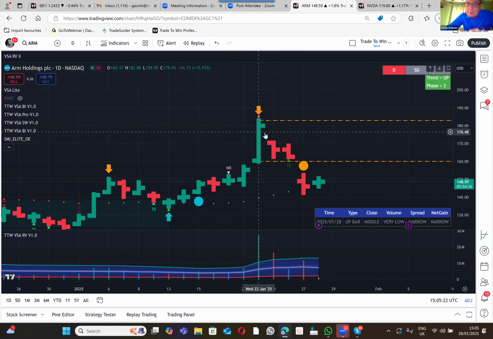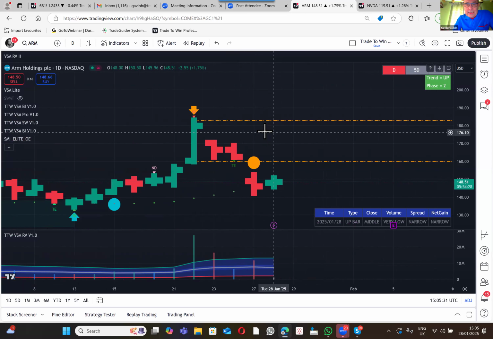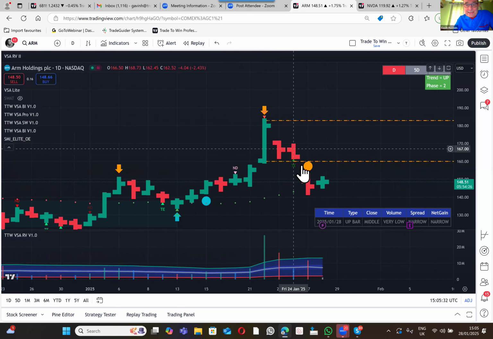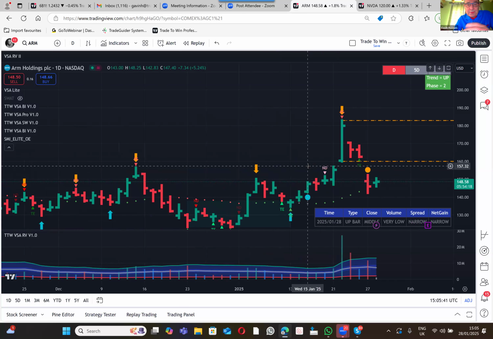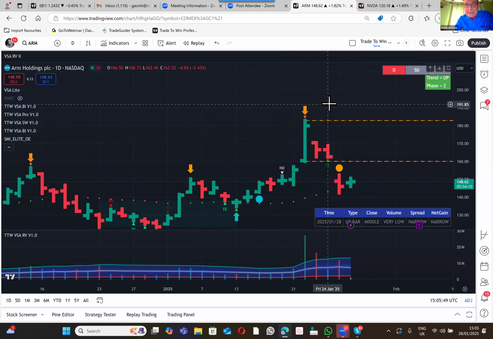I'm going to go back to Tiro on this because I think it's very important. So we've got the SMI indicators on here, and we've got a failed test, which is very valuable. What do these two indicators represent when we can put the VSA over it as well? I could show multiple charts right now that are all setting up.